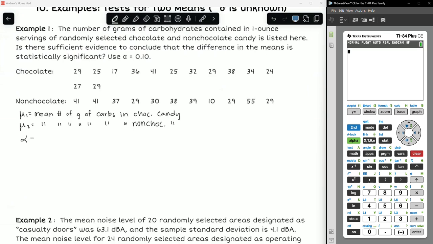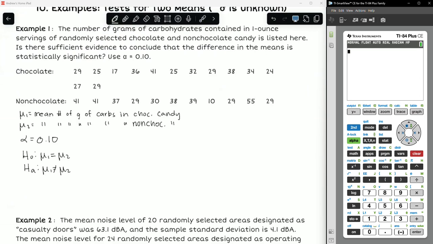I'm given an alpha of 0.10. I'm going to write my hypotheses, H null, H A. I'm comparing the two means. Null is always equal. Alternative, we're testing a claim about a difference, so not equal.